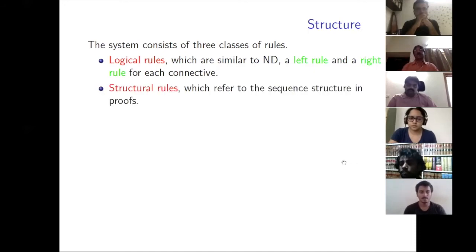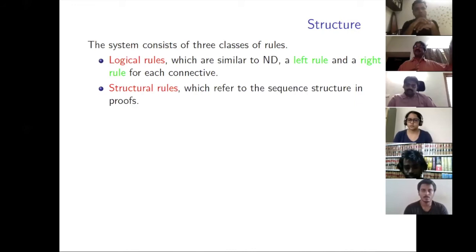And then there are structural rules, which actually refer to the context or the sequence structure that you have in the rules. Remember that right in the beginning I was saying that a proof is a sequence of formulas. But if you really think about it, the order matters only for saying that I derived this earlier. When I use the inference rule modus ponens to derive beta, I should have derived alpha and alpha implies beta earlier. But in terms of the logical content, it hardly matters.